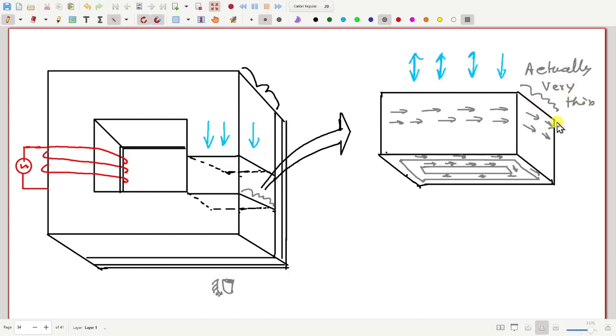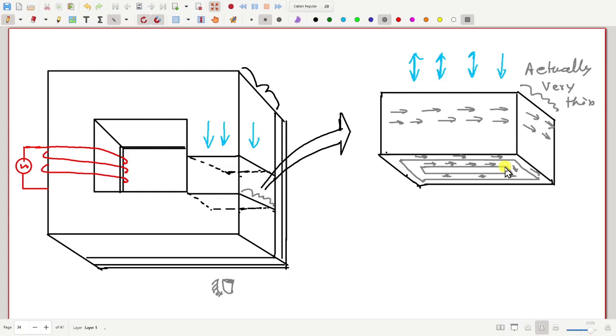Now we will estimate how much is the power loss due to these currents. So for that we will first estimate how much is the induced EMF in any closed path. Then we will divide that EMF by the resistance of that path, so that we get the current, and then we will take I square R to get the power loss.